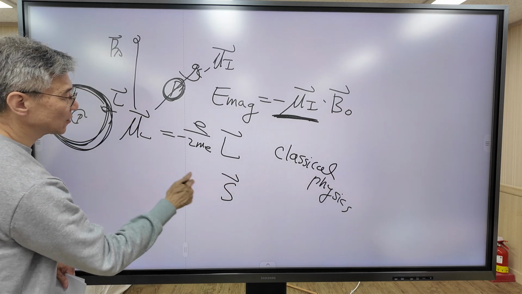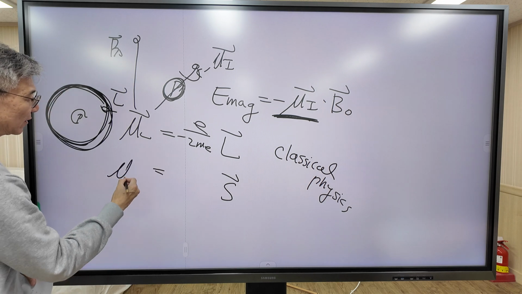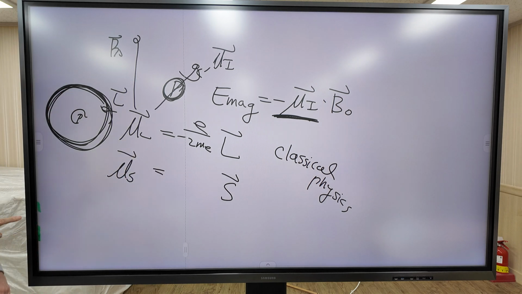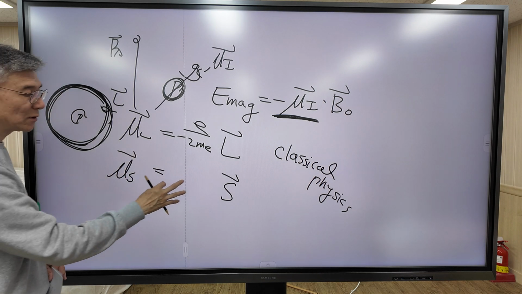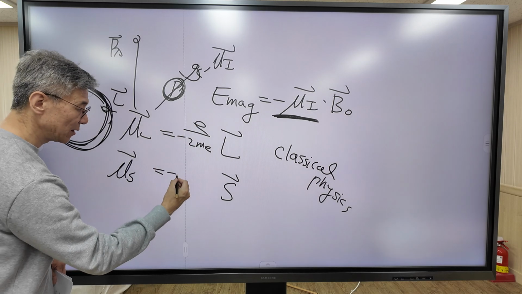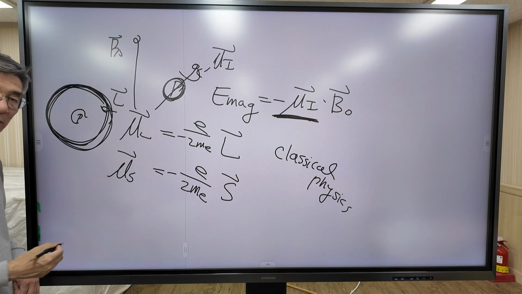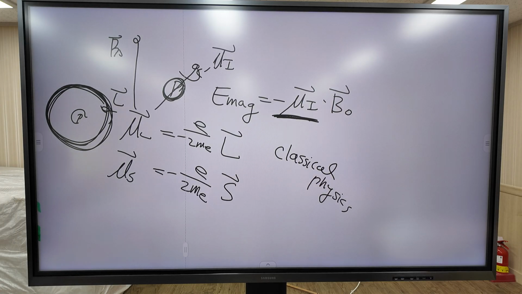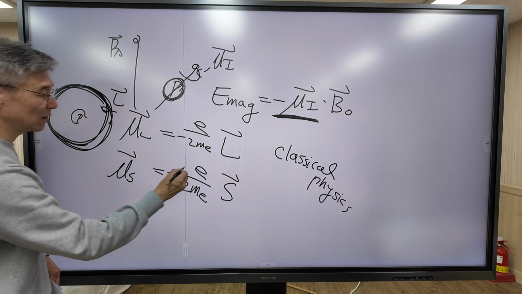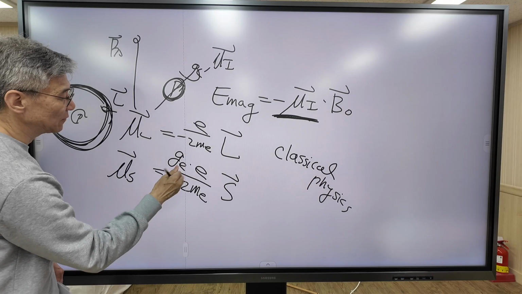Spin angular momentum also generates magnetic moment. You might think at first that the proportionality constant may be the same, but according to quantum mechanics, we need another factor, which is called the g factor.